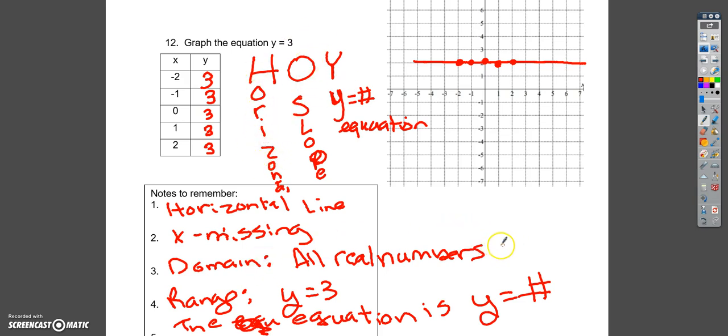Then domain, it's going through all the x values, so that's why it's all real numbers. And x values are this way. And the range is only going, oops, I put that at 2, it should be up here at 3.